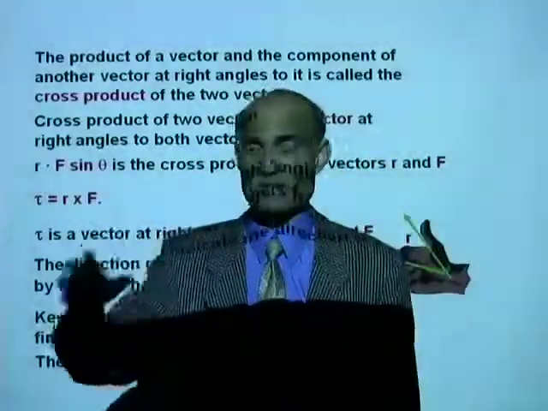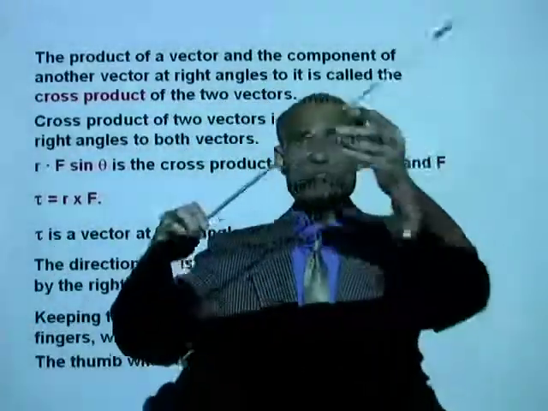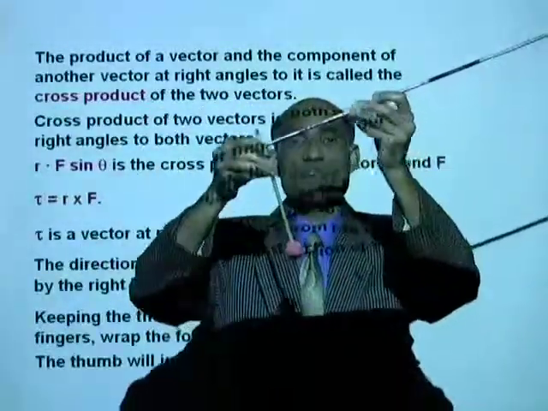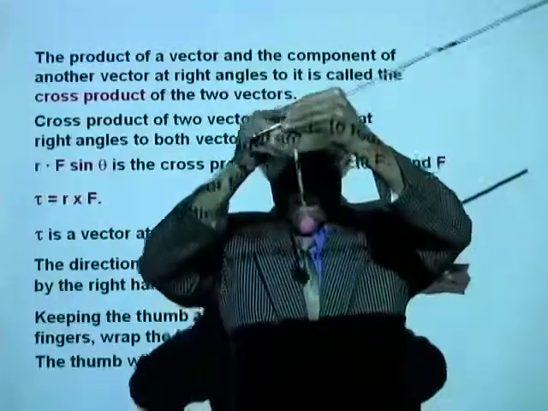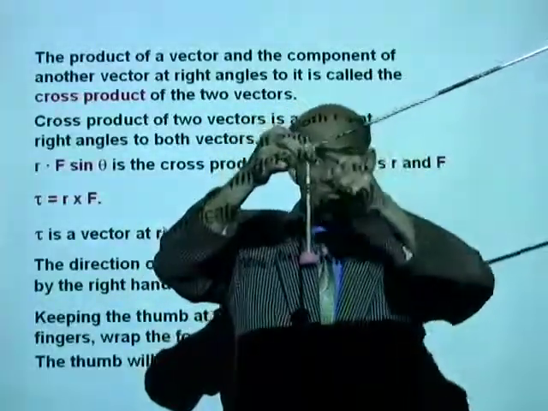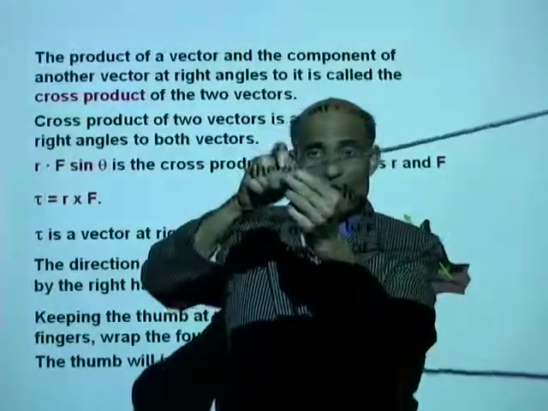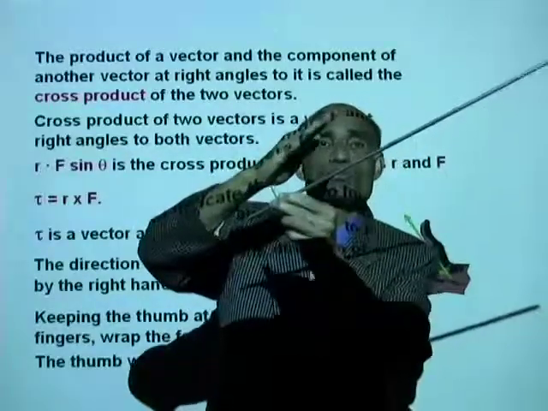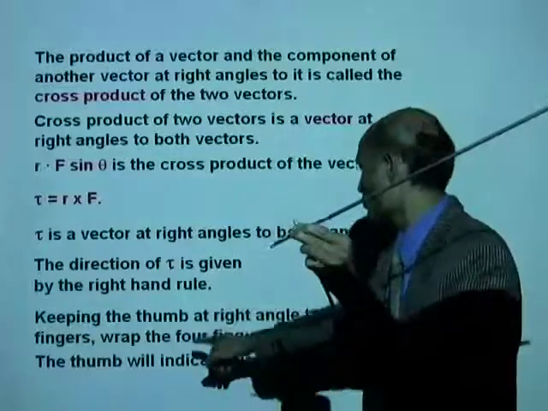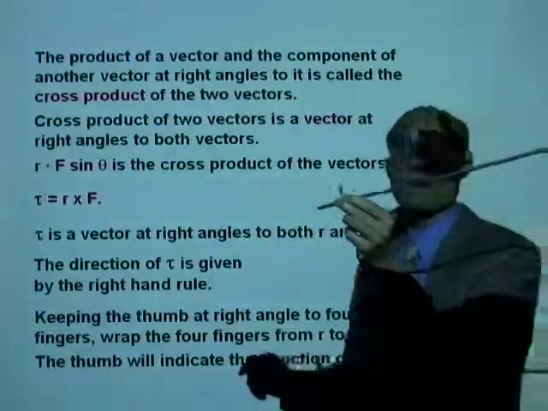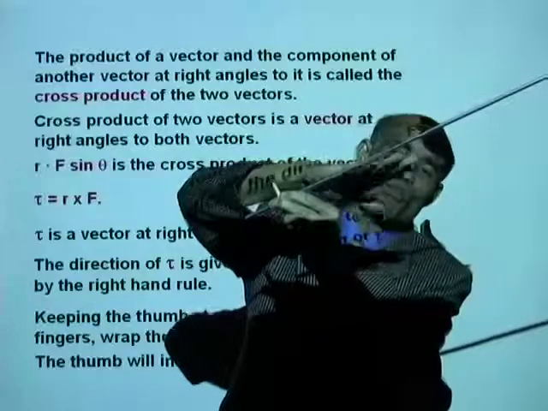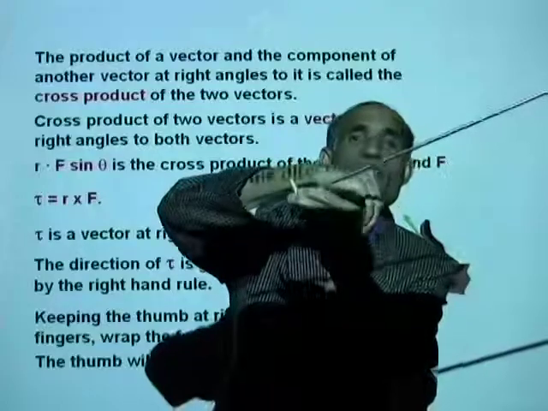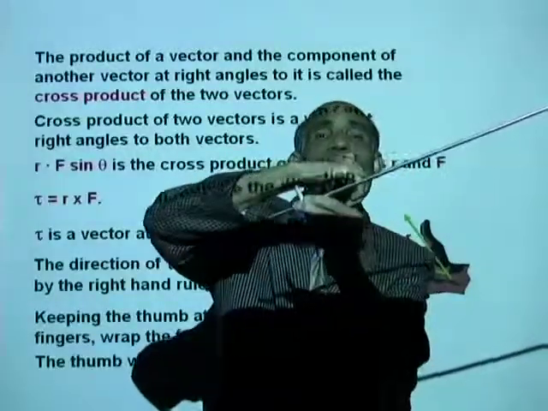Now that means if this is the r vector and this is the force vector, what you need to do is wrap the four fingers from R to F. Then the thumb will give you the direction.